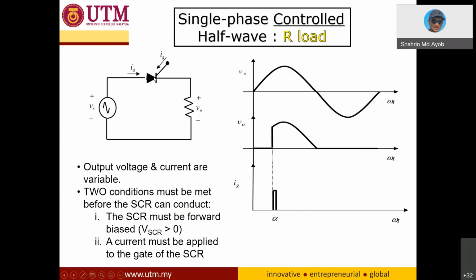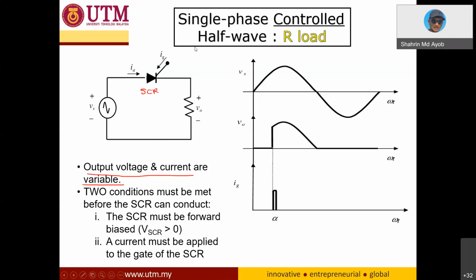This is a control half wave rectifier, meaning that we replace the diode with the SCR, or Thyristor. By using this control half wave rectifier, we can have a variable output voltage.